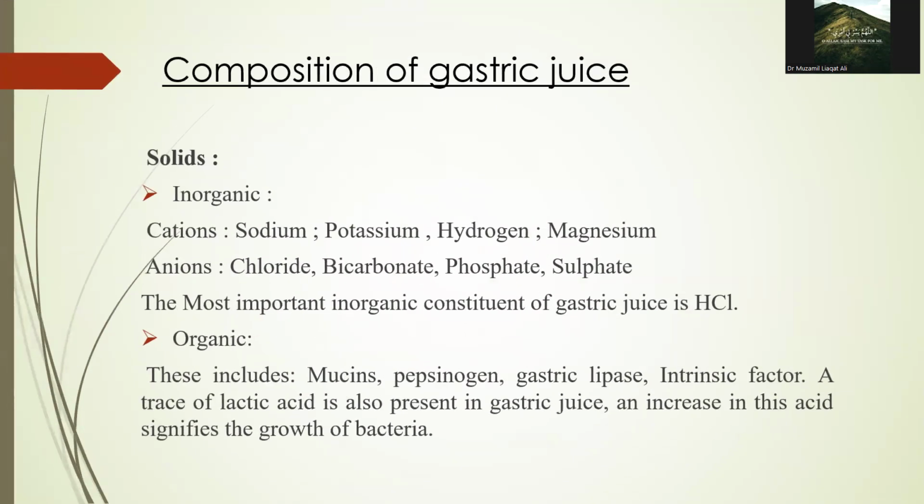Let's discuss the composition of gastric juice. Gastric juice is mostly water, about 99%. The remaining include inorganic and organic components, right? Inorganic components may include sodium, potassium, hydrogen, magnesium, chloride, bicarbonates, phosphates, and sulfates.